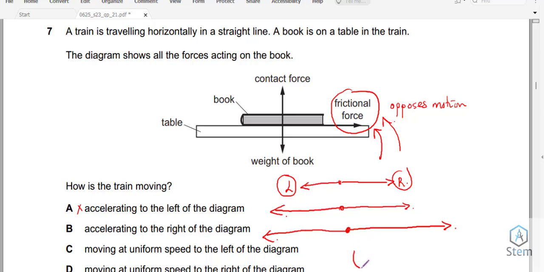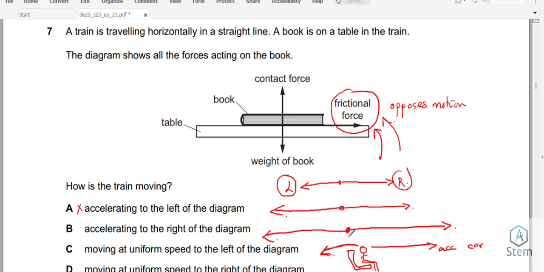This is the seat of a car, and this is you sitting on the seat of the car. When the car accelerates in this direction, your head is going to swing in the opposite direction. Your head wants to go in the direction opposite to the acceleration of the car.